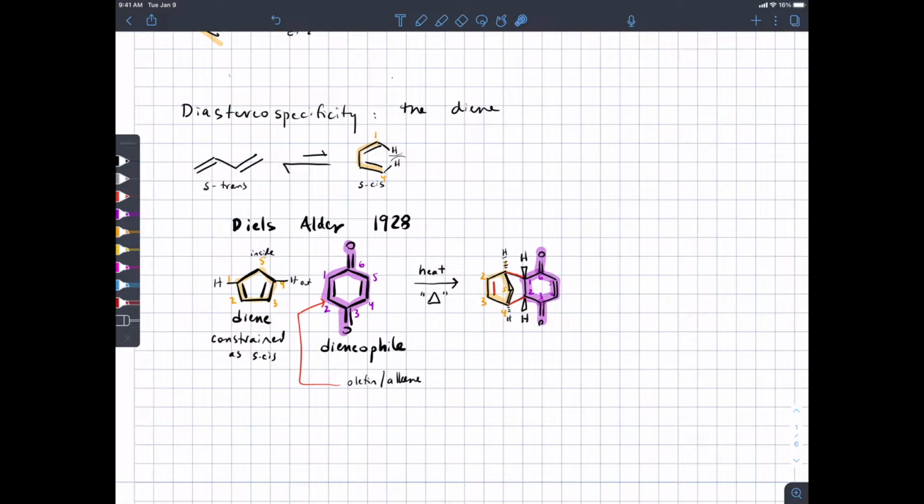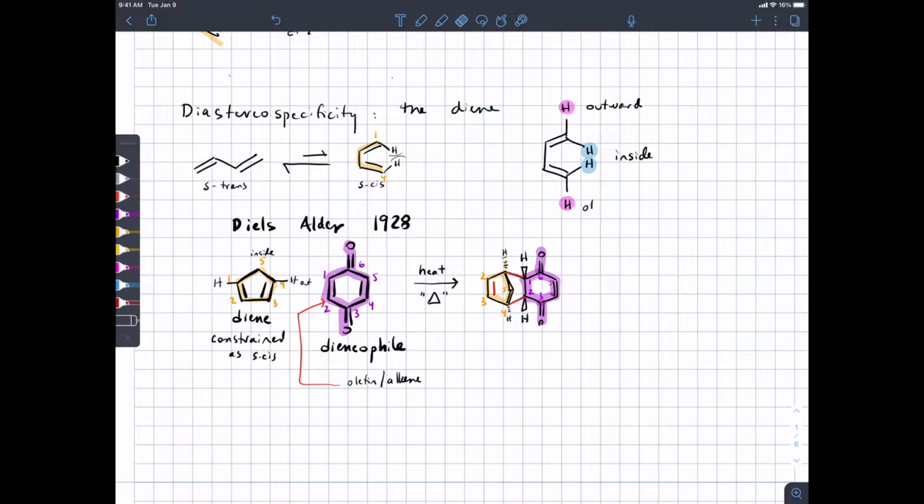The idea of the s-cis conformation is important because, on a diene, that diene has to be in that conformation, so there's going to be a distinction between groups that are pointing outward or outside of the diene in its s-cis conformation versus groups that are pointing inside.